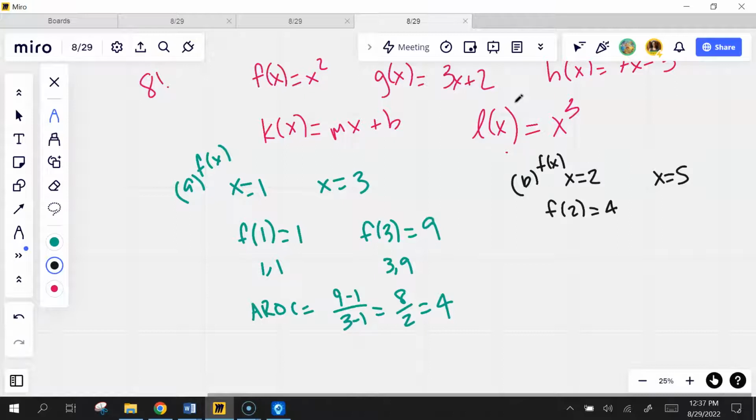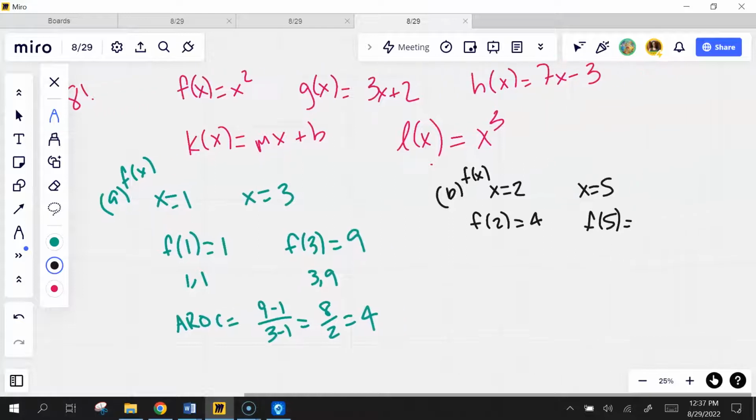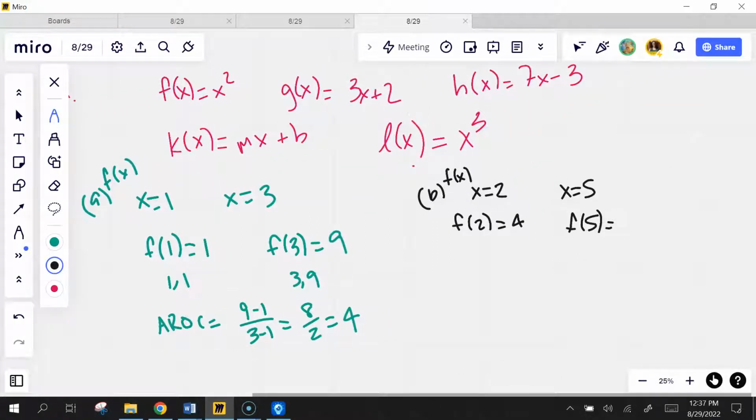Where do you see that? I'm not sure what you mean. I'll look at it. All right. f of 5 is what? Go, Carter. f of 5.